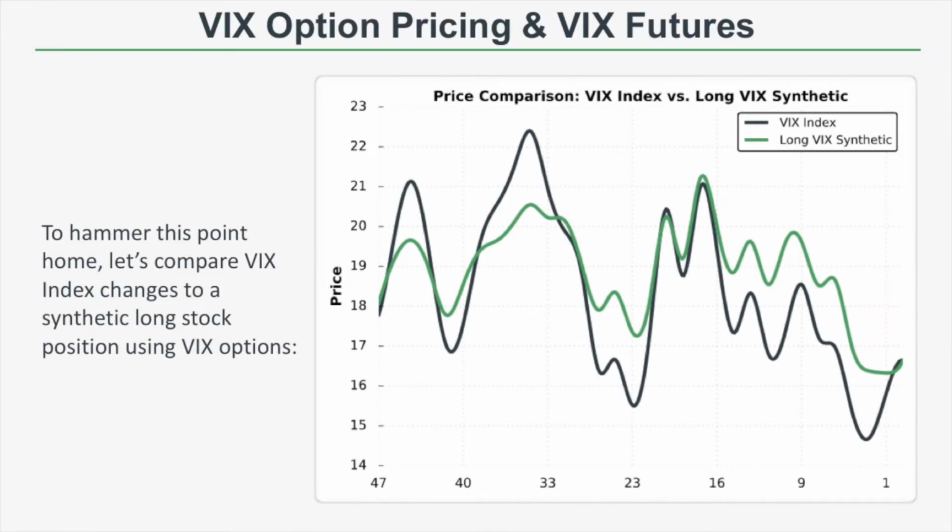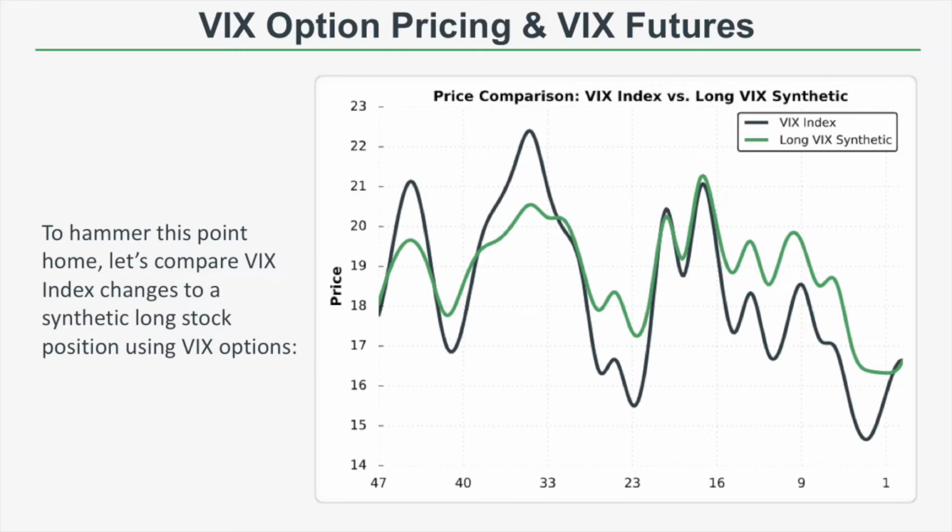Now to further demonstrate this concept to you, we track the price of the VIX index to the effective cost of a long synthetic stock position using VIX options. So a long synthetic stock position consists of buying a call option and selling a put option at the same strike price and in the same expiration cycle. So if the trade is entered for a debit, the effective cost of the synthetic position is the strike price plus the debit.